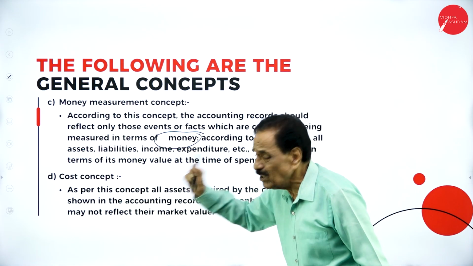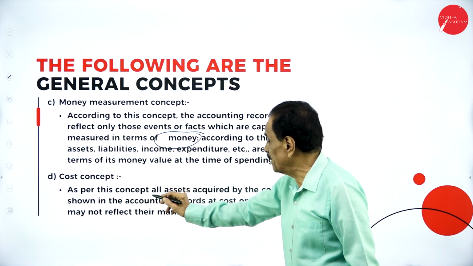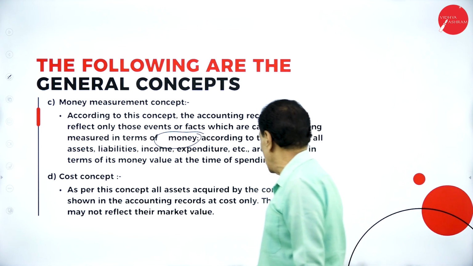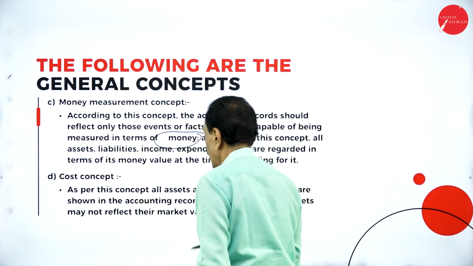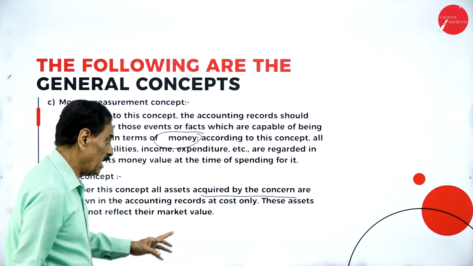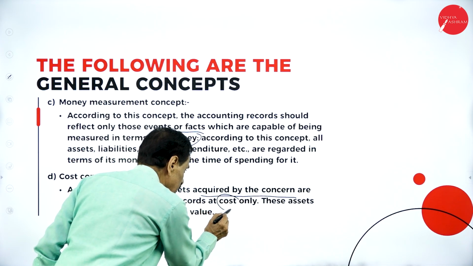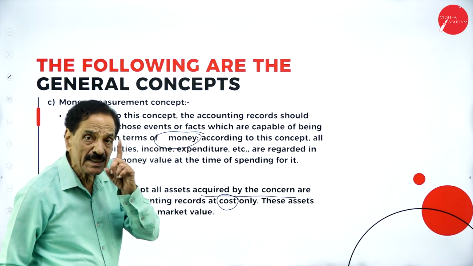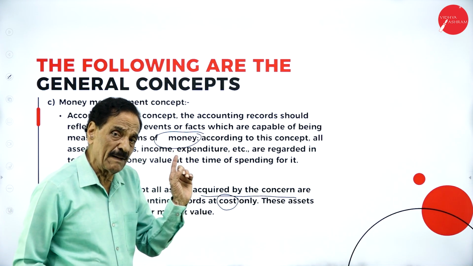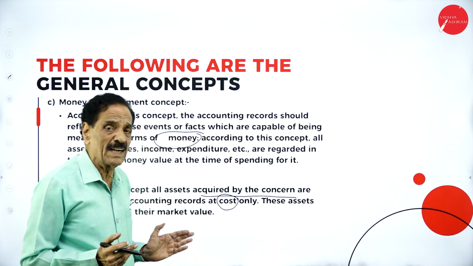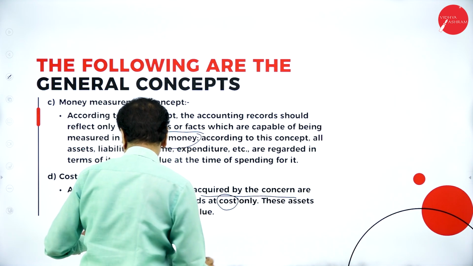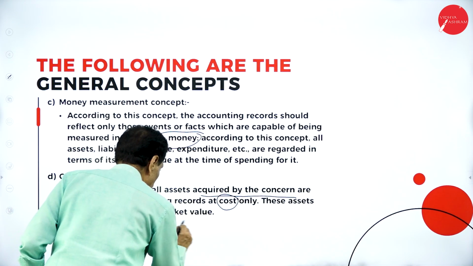Then, the cost concept. As per this concept, all assets acquired by the concern are shown in the accounting record at cost only. Here, whatever you purchase, we value only at the cost price, not at the market price. These assets may not reflect their market value.